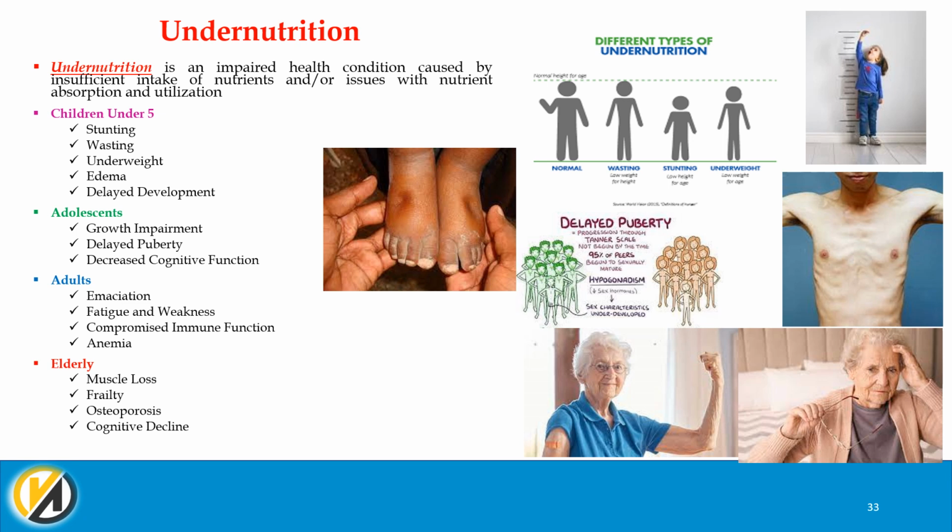And these problems are manifested in different forms at different stages of life. For example, for children under 5, undernutrition is manifested in the form of stunting, which is low height compared to age; wasting, which is low weight compared to height; underweight, which is low weight compared to age; and edema, which is the severe form of undernutrition, the accumulation of fluid in the extracellular space.